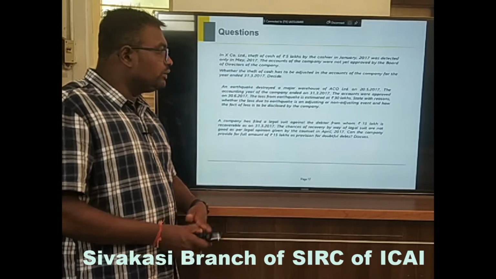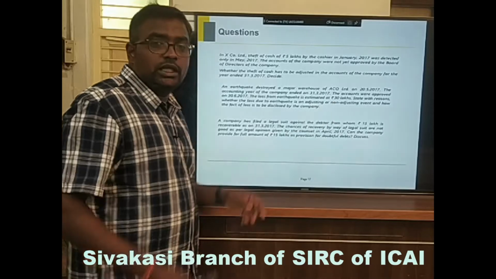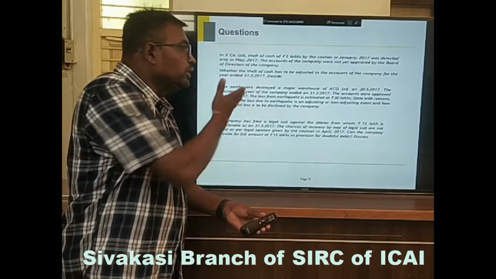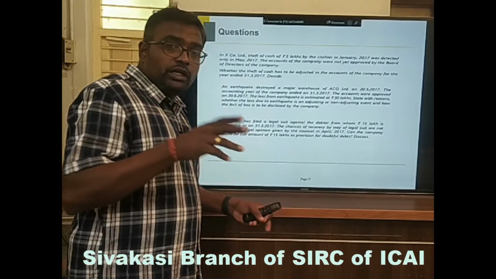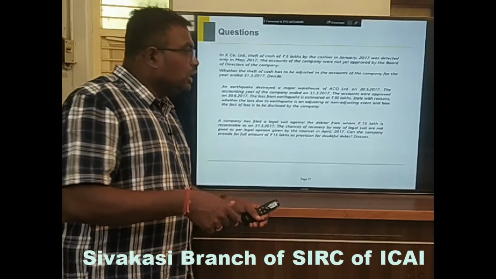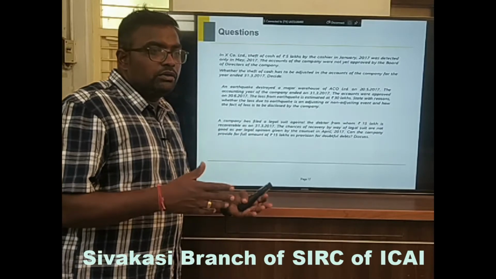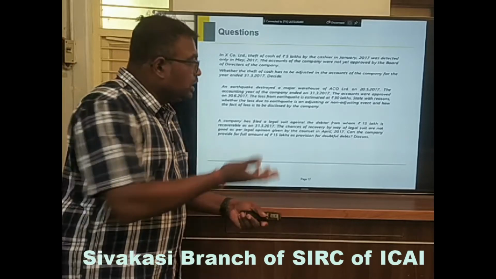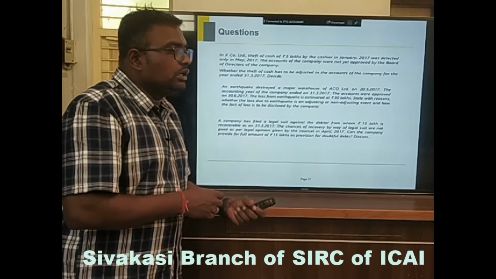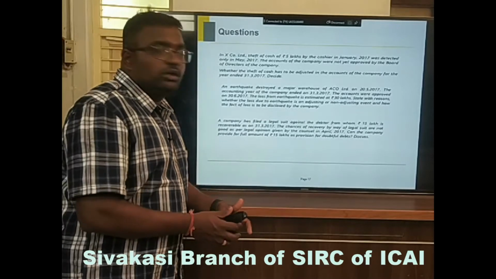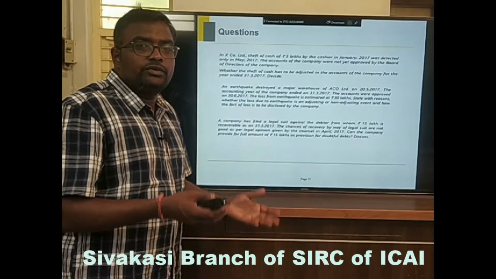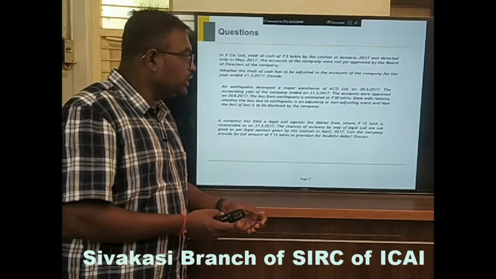However, we should really see whether any inventory stored in the warehouse got affected. If that is the case, your inventory has to be valued accordingly. Say for example, you have 100 rupees worth inventory, and 50 rupees worth of inventory got destroyed in that accident, then you have to disclose your inventory at 50 rupees only, 100 minus 50.